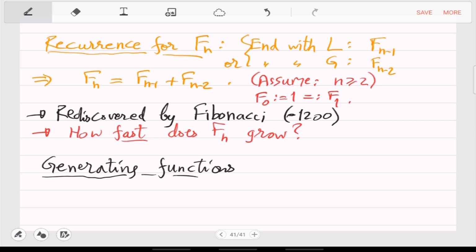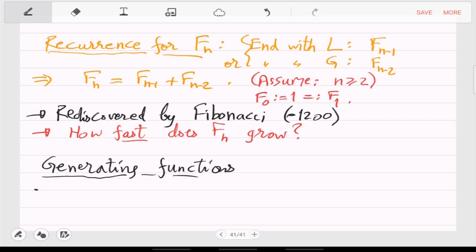And that is not very easy because, as I said, there is no reasonable function you can guess for this. Neither is it n to the 10 or even n to the 100, nor is it 2 raised to n. It can be 1.5 to the n, but if you check that, then it's also not close to that. So it turns out to be between 1.5 to the n and 2 to the n, and then it can be anywhere. So what do you guess? The best way is to not guess and just use generating functions and let this thing automatically evolve and give you the function as exact as you want.